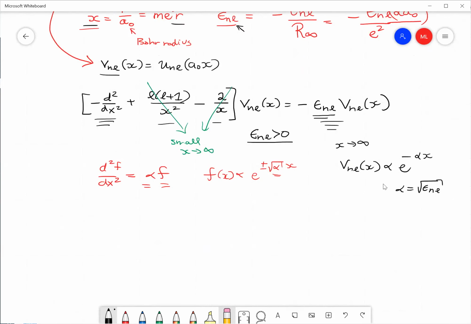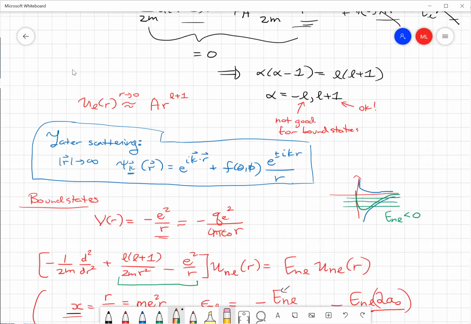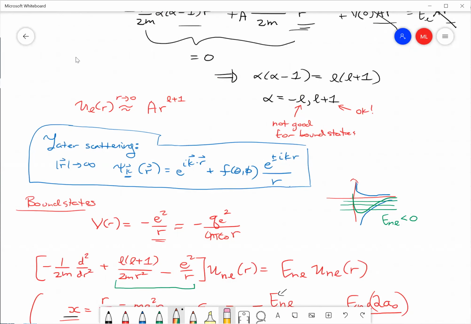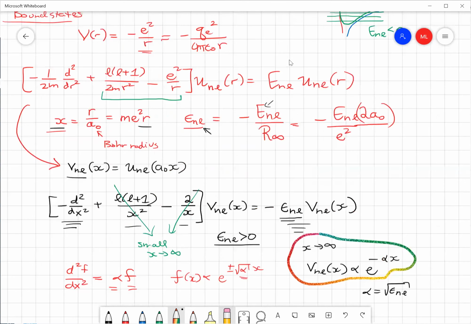So we're going to combine these two ideas: you combine that with the idea that at small x, or small r, it's proportional to x to the l plus 1, of course. These are the two constraints, for small x or r and for large x.